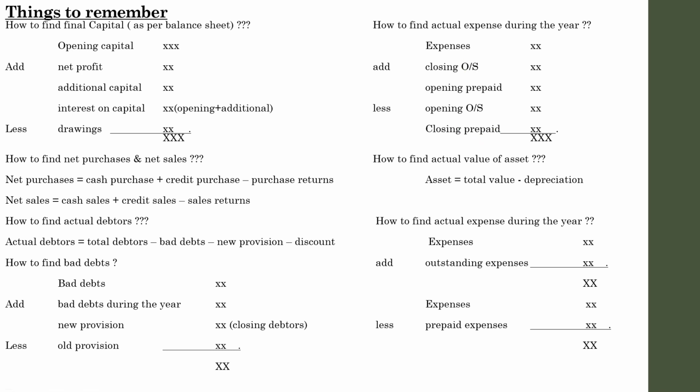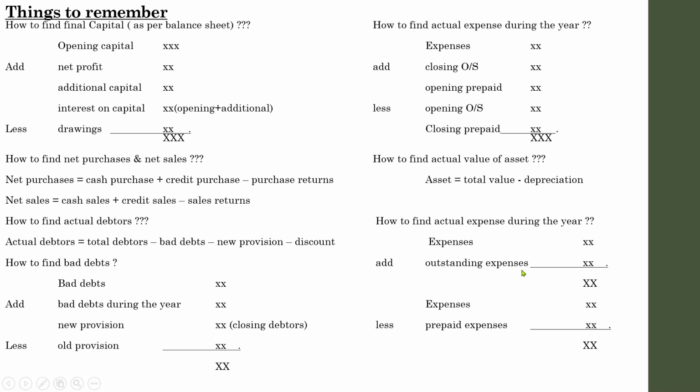I hope you have understood the concept. Sometimes in the question they may not specify anything about opening and closing balance, but in the adjustments they merely state that during the period there was a certain amount as outstanding. Only one amount will be given, so don't worry.